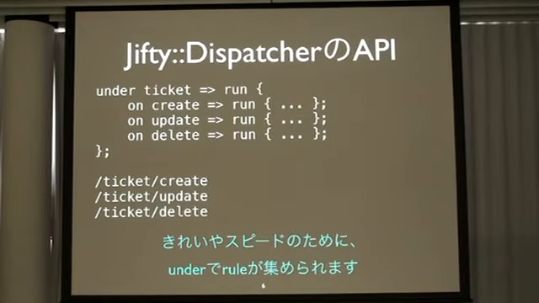And you can also use a type of rule called under to collect similar rules together, both to make it pretty, but also to make it a little bit faster, so you match the word ticket once instead of 3 times. It's a bit more readable, I think.